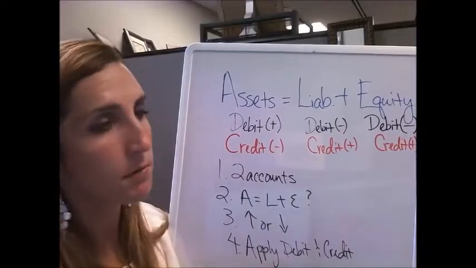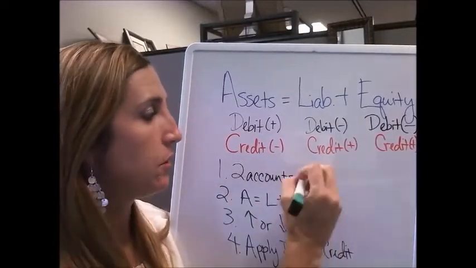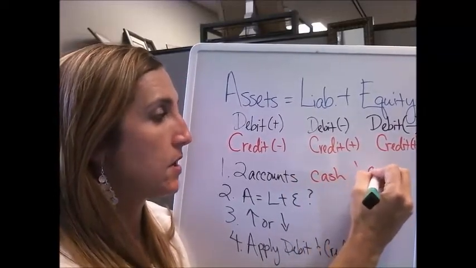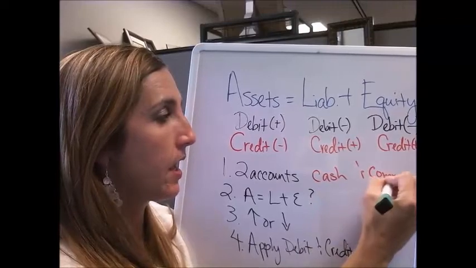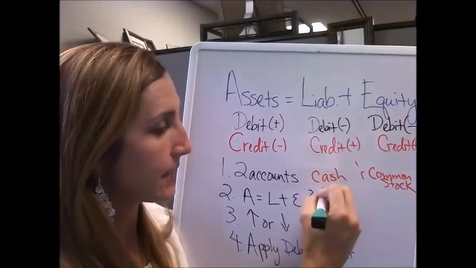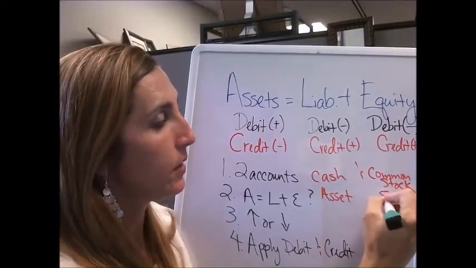So when you issue common stock, your 2 accounts should be in your mind: cash and common stock. And you needed to know from the first lesson that cash was an asset and common stock is an equity item.